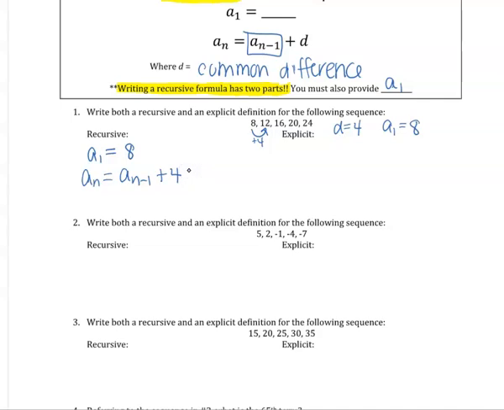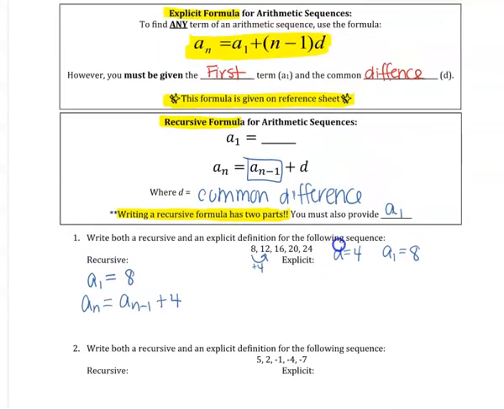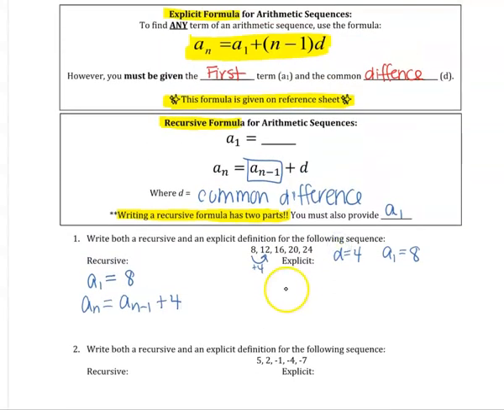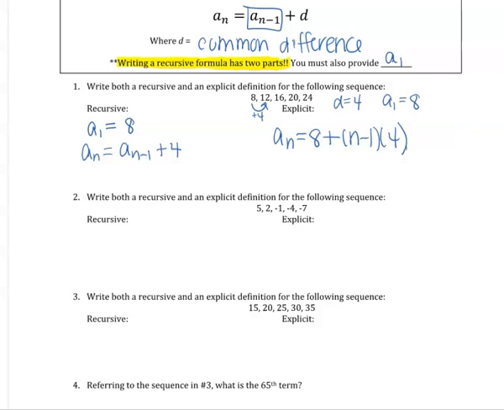Okay, so then explicit formula. Again, here's your formula. It's right up here. A sub n equals a sub 1 plus n minus 1 times d. There you go. That is your formula. Just plug and chug into it. Now, I typically leave it like this. But maybe it's a multiple choice and that's not one of your options.